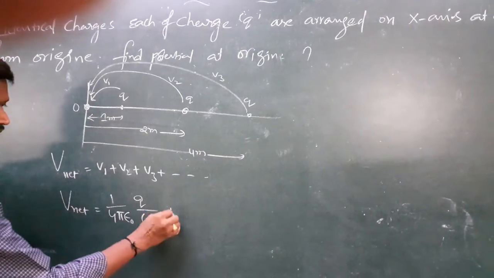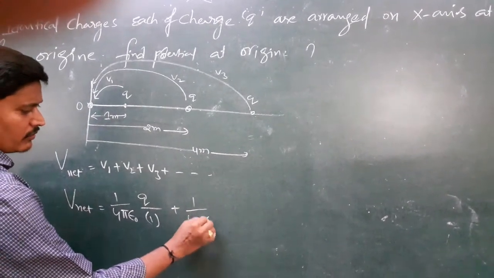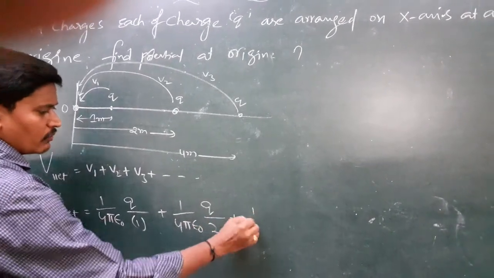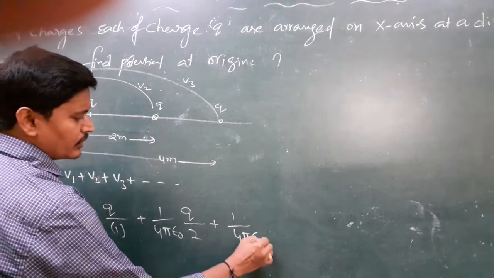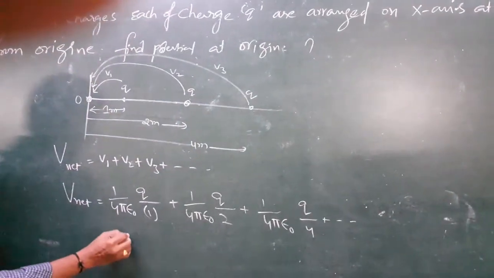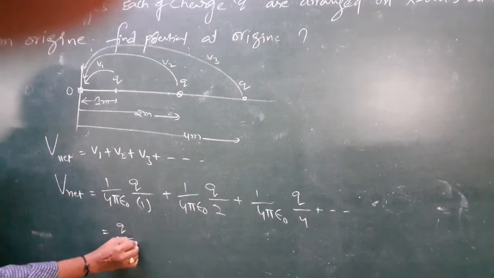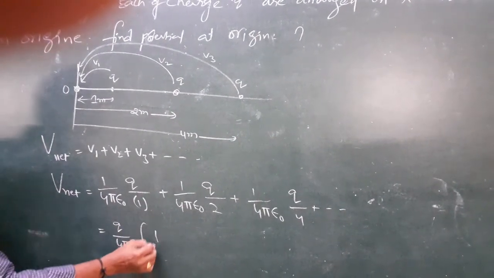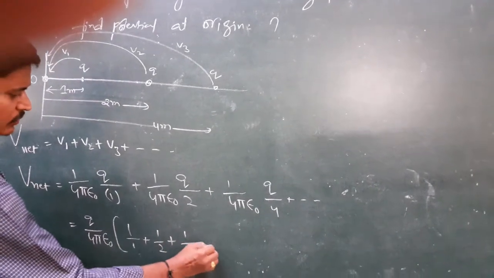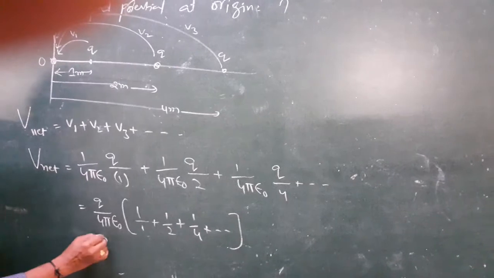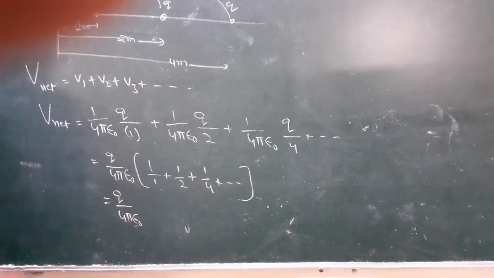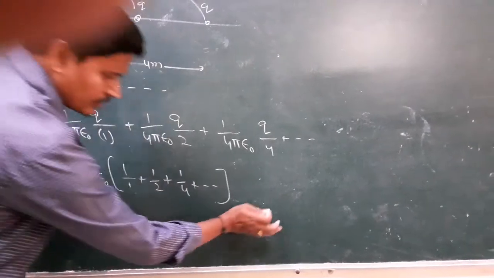Next, potential 1 by 4 pi epsilon naught q by 2. Next, 1 by 4 pi epsilon naught q by 4 and so on. So q by 4 pi epsilon naught taken common, then 1 by 1 plus 1 by 2 plus 1 by 4 and so on.